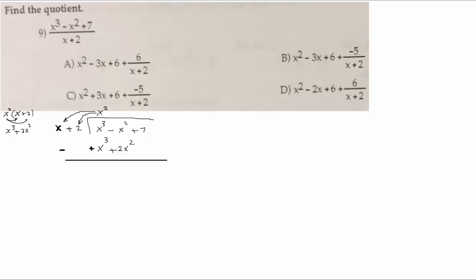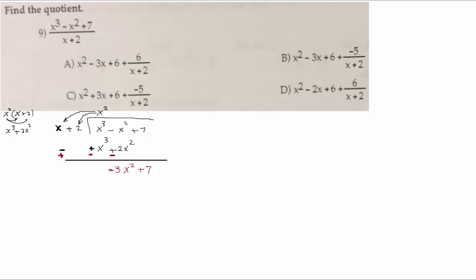And so distributing, we just say we're going to change the subtraction to addition and change the sign of this to its opposite sign. It's kind of like distributing, you're right. So you see how x cubed minus x cubed would be 0, and the remainder would be what? Minus x to the power of 2 minus 2x to the power of 2. That gives me minus what? 3x squared. Right. So this is my remainder so far.